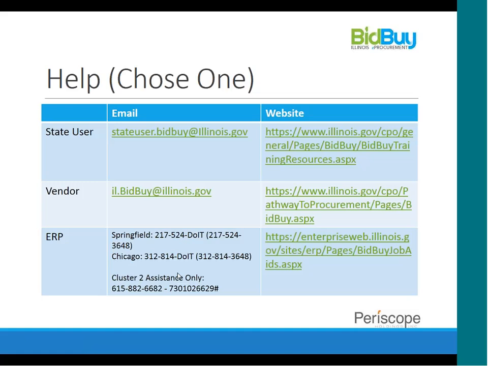So the first two, the Springfield and Chicago numbers, are the Do It Standard Help Desk. For any general questions, they want you for ERP to reach out to one of those two phone numbers. For Cluster 2, however, just going live in ERP, we've been provided with this Go Live phone number.